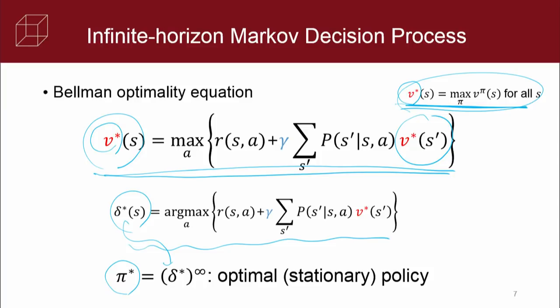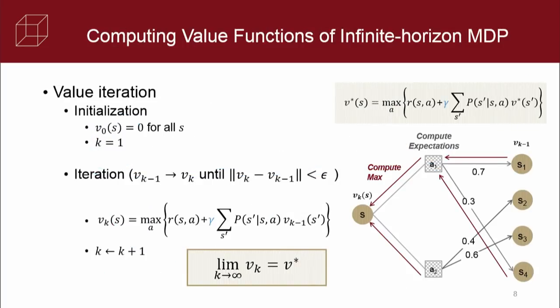So basically, we can derive iterative algorithms from the recursive property and Bellman's optimality equations. The first iterative algorithm to compute the value function is called value iteration. We again note that the V star on the left-hand side is the same as the V star on the right-hand side.